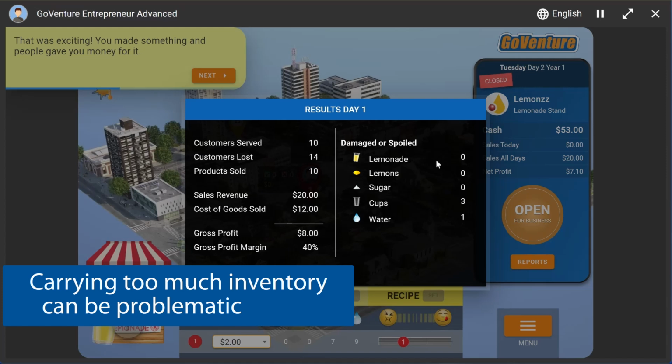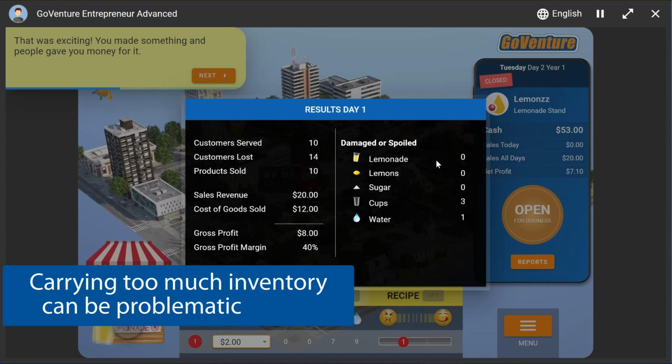If you're tying up your cash in inventory, you may not have cash to pay your other bills. So you can't just go and buy a whole bunch of inventory with the hopes that it might sell someday into the future. The better approach is to forecast how much you might sell in the short term and buy exactly that amount. That's a difficult thing to do, but that's one of the challenges of business.